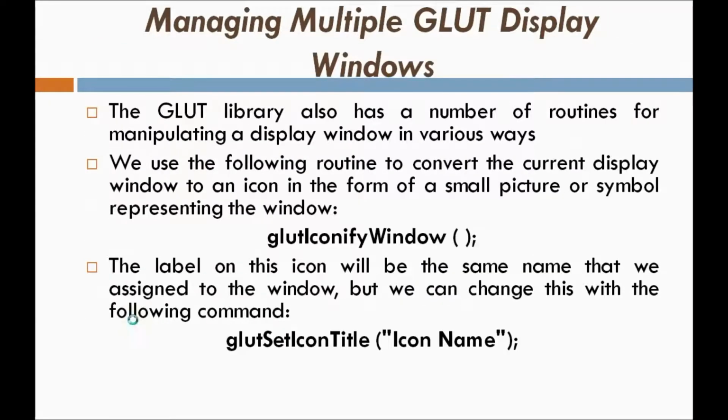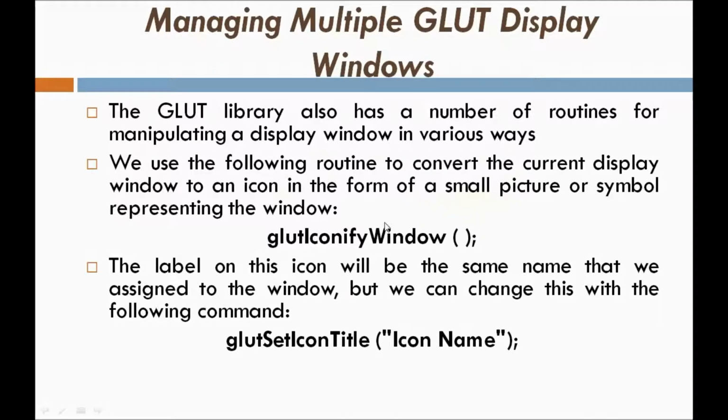Next, managing multiple glut display windows. These functions are mainly used in the glut library as a number of routines. For example, if I want to convert my display window into an icon, you can click on the icon. An icon will be in the form of an image or a small picture.